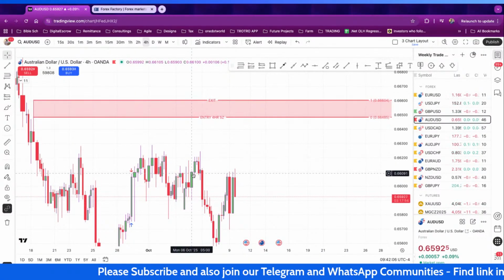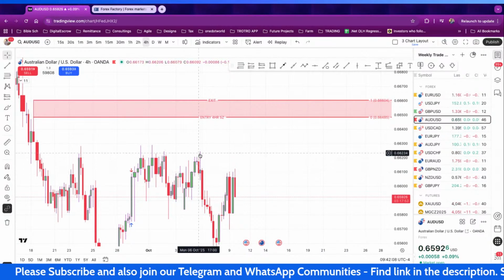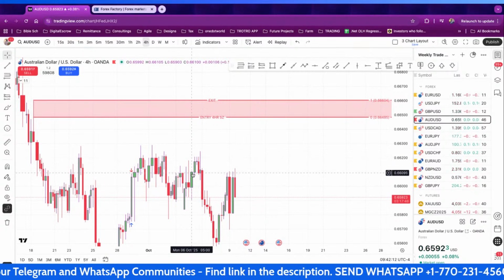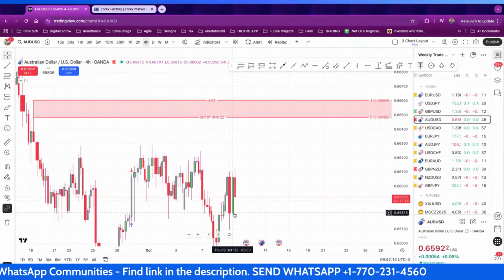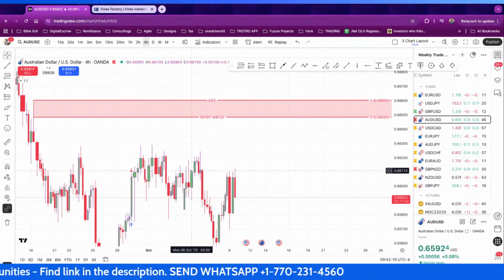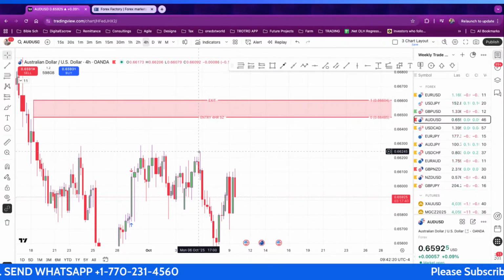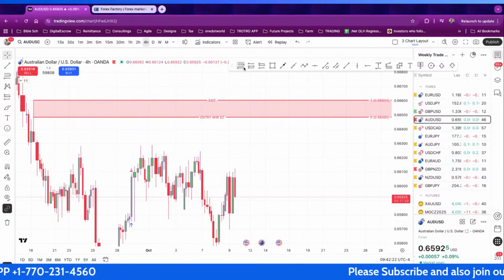Yeah, we are late to this party over here. There's a supply zone sitting right here, and it looks like it already did it. It's already pushed up into that supply zone, and we are late to the party over here.